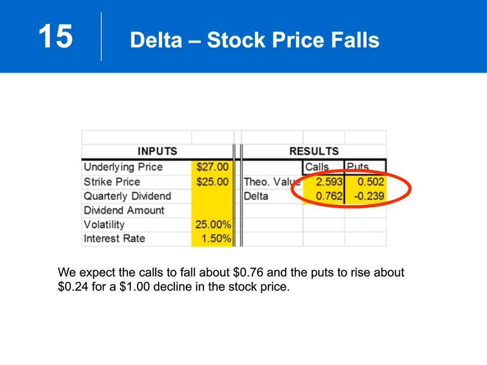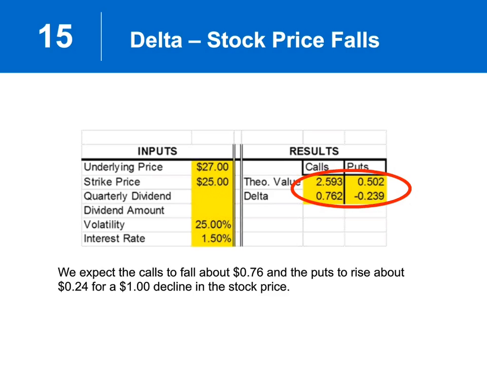So again, just going the other way, and I mentioned it a little bit, if the stock were to fall, not go up by $1, well, that call is expected to decrease in value by 76 cents, but the put is going to increase in value, because puts should increase in value as the underlying drops.